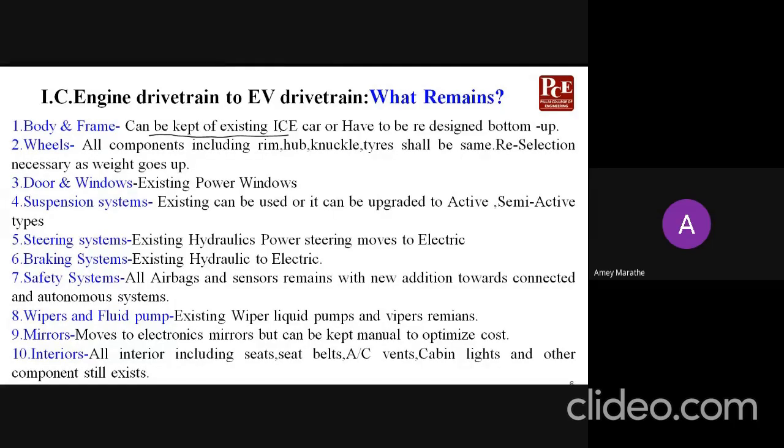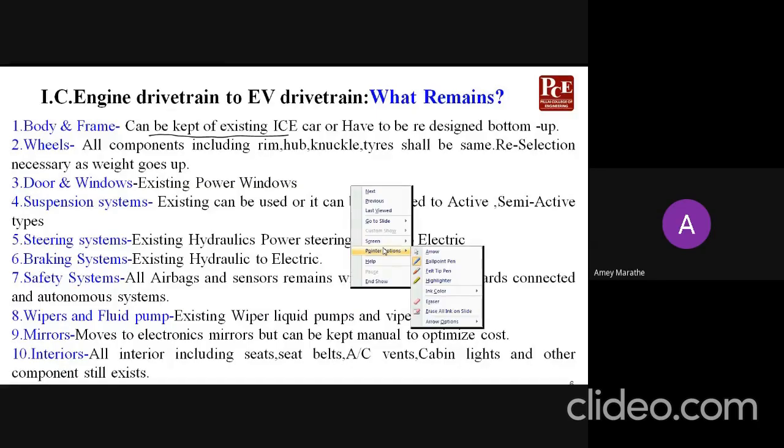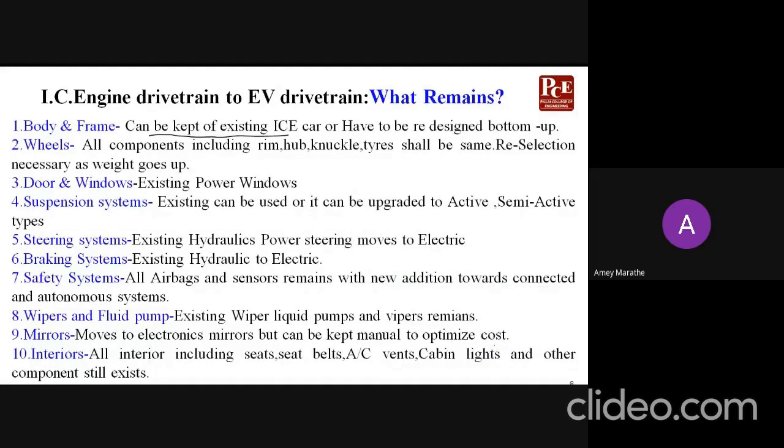But if you are redesigning the car from scratch, you will have to redesign the entire body and frame from the bottom up. So if I compare IC engine and EV, what components remain in the car? Body and frame will be there.